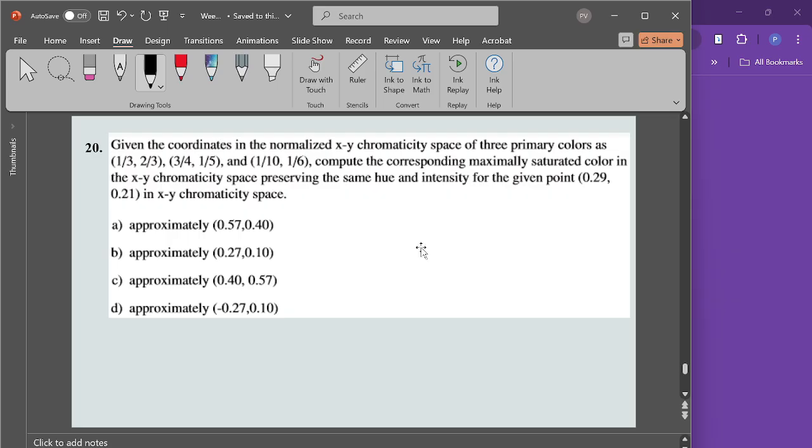Okay, so here given primary colors R, G and B is given in the XY chromaticity space, and we have white point that is 1 by 3, 1 by 3, that is already predefined.